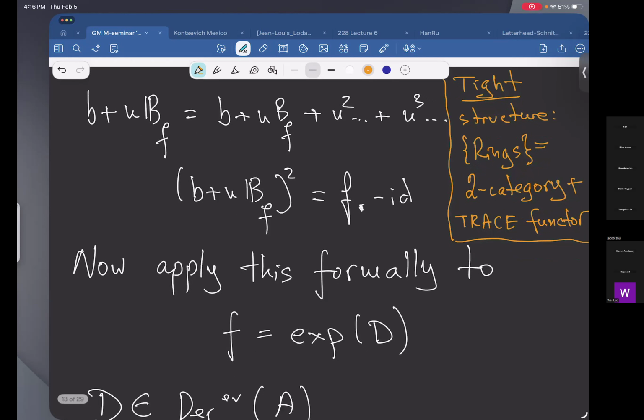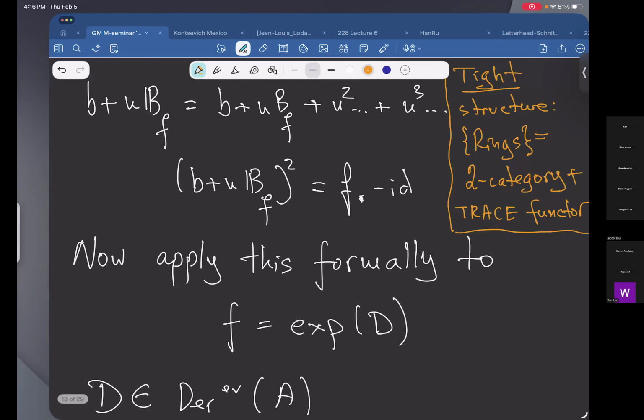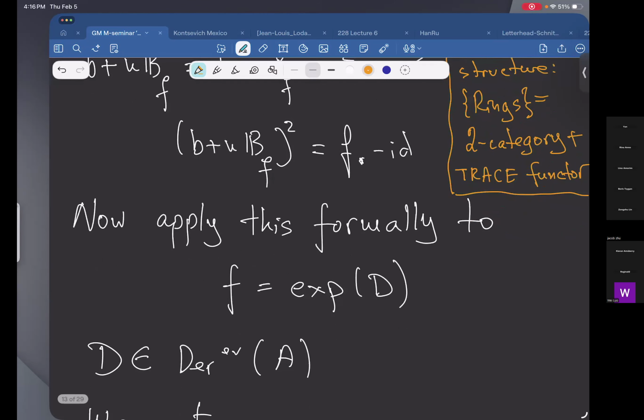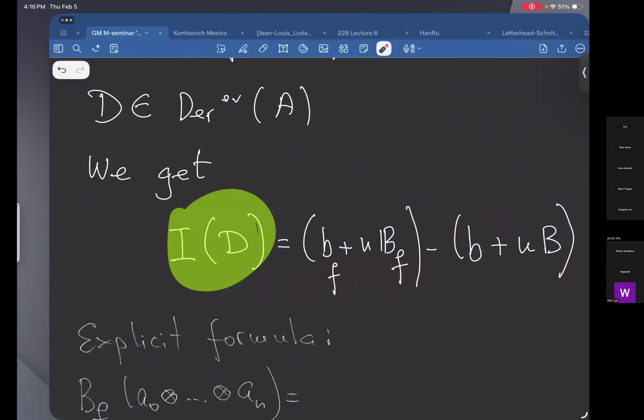Okay, and if you formally apply those operators to the exponential of the derivation, as Jan said, and just define it like this, this is your definition of I of D and all of its homogeneous components.